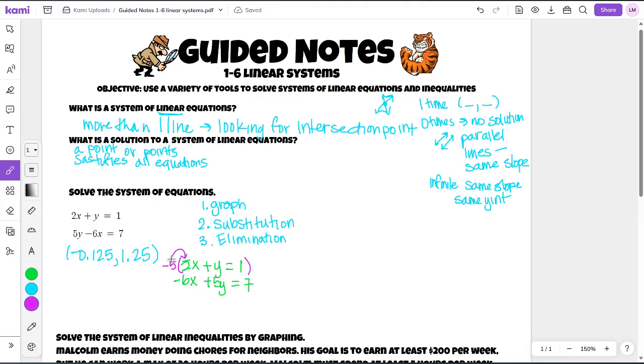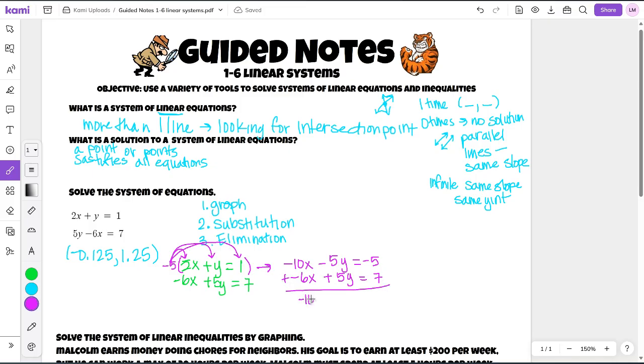And you did this in Algebra 1. I know it's been a little while. But make sure you multiply everything by negative 5. So this becomes negative 10x because that's a 2 with a hat on it. So negative 10x minus 5y equals negative 5. And then I'm going to rewrite my other equation, negative 6x plus 5y equals 7. And then I'm going to add these equations.